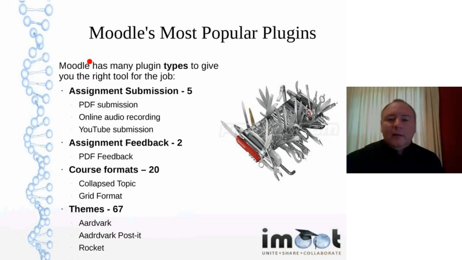So there are various plugin types, and this is not a 100% exhaustive and complete listing, but it's the majority of the plugin types. Starting with Moodle 2.3, there used to be an assignment type prior to Moodle 2.3. With Moodle 2.3 and beyond, the assignment module was completely rewritten.